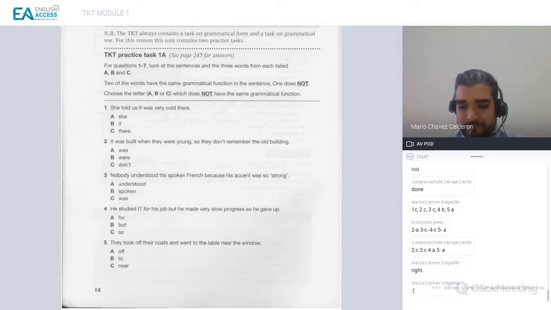Number 4. He studied IT for his job, but he made very slow progress, so he gave up. For, but, so. The answer here, he studied IT for his job.